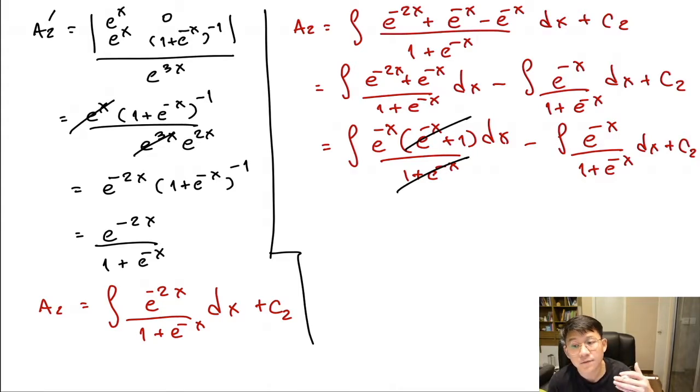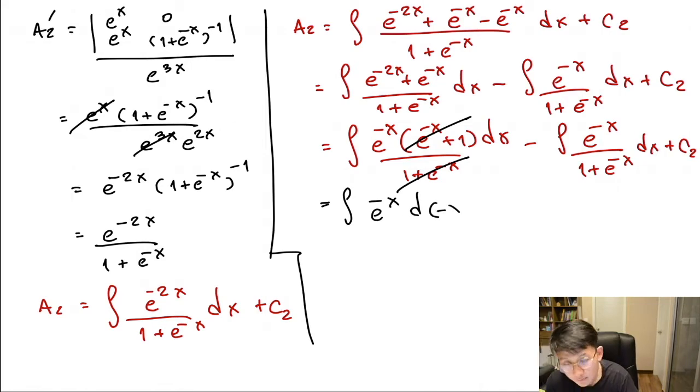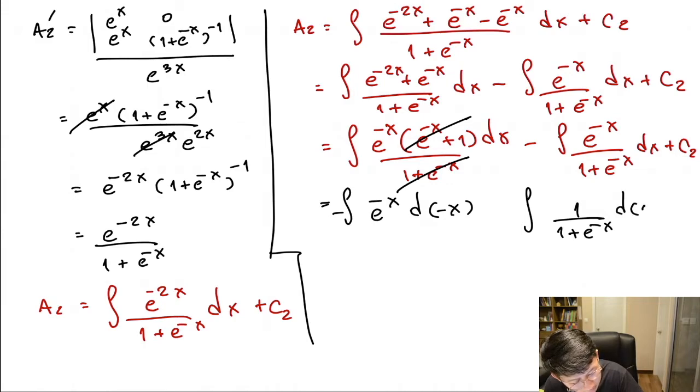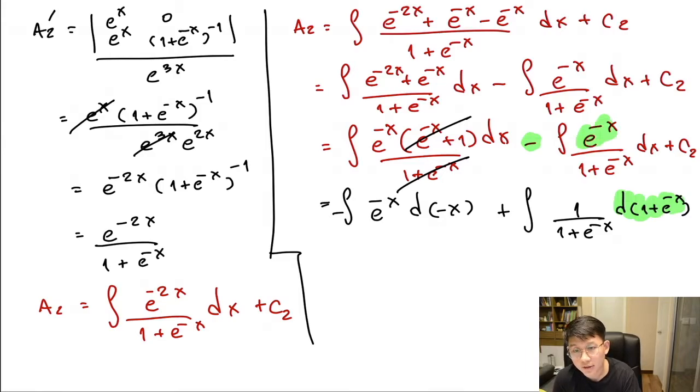The integral of e to the minus x dx is the integral of e to the minus x d of minus x, and you need to have another minus here. The second integral becomes 1 over 1 plus e to the minus x, d of 1 plus e to the minus x, but d of 1 plus e to the minus x is minus e to the minus x, so the minus disappeared, plus c2.